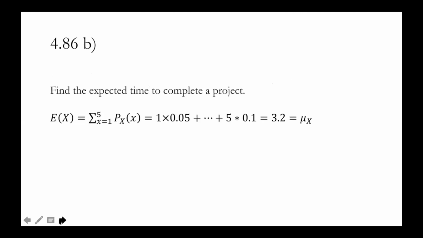Find the expected time to complete a project. So here we sum up the expected value, the expected number of days, by taking the probability of completing the project during a specific time, and you sum them all up.